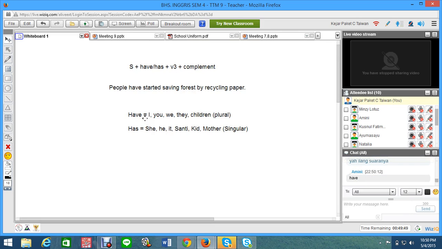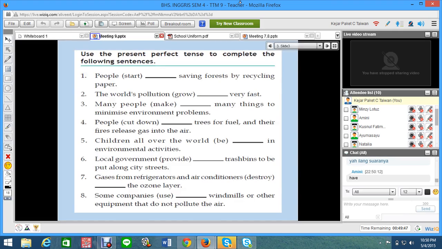See? Oh ya, sekarang dilanjutkan. Okay, now you can continue. You can take number 3, number 4, 5, 6, 7, 8. Many people have made many things to minimize environment problems. Okay, that's correct. Thank you.